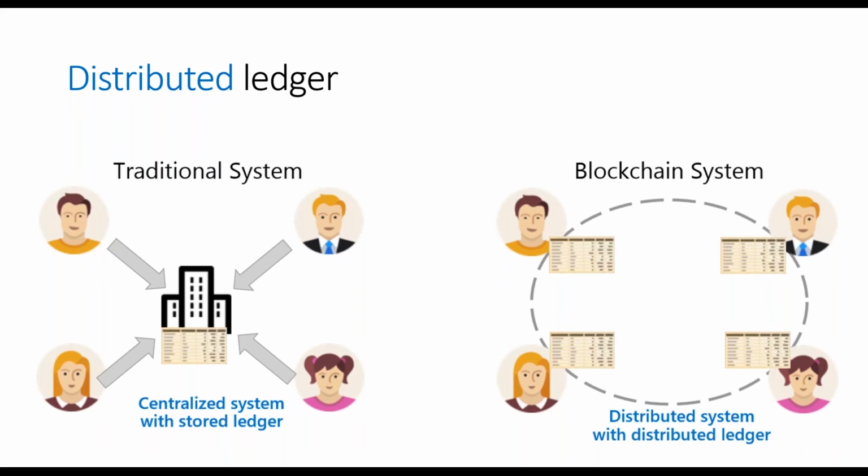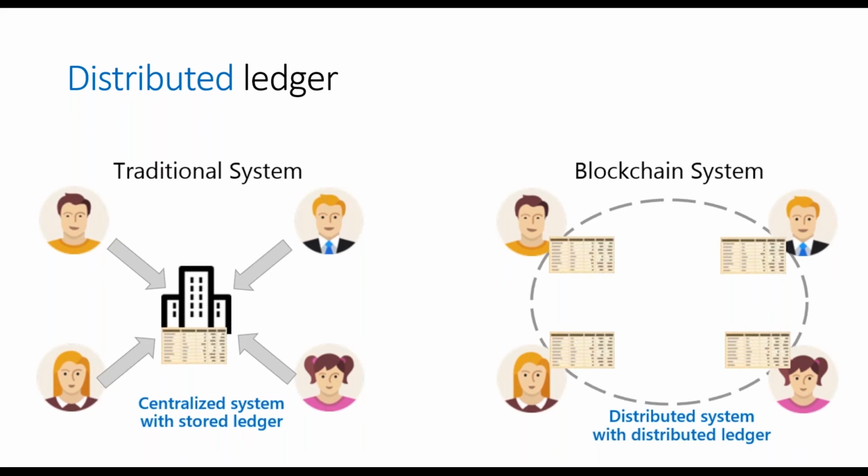Now, this digital ledger in a blockchain is distributed among all the peers, all the nodes that are part of the network. So it means that everybody has a copy of this information, but no one actually owns it.